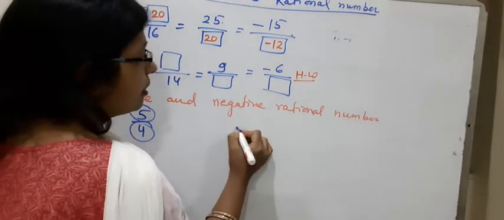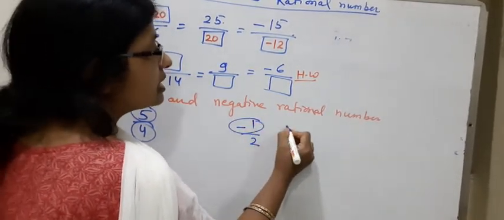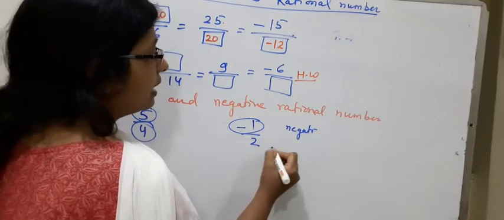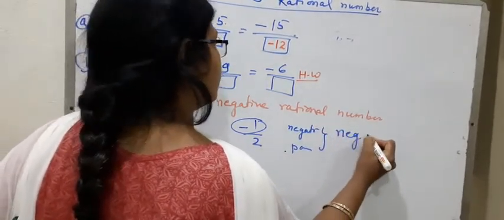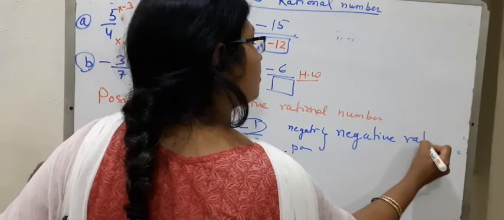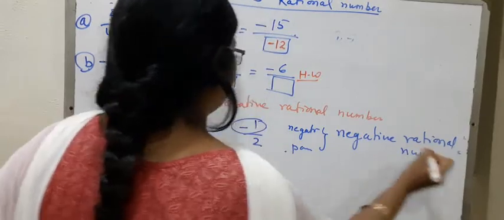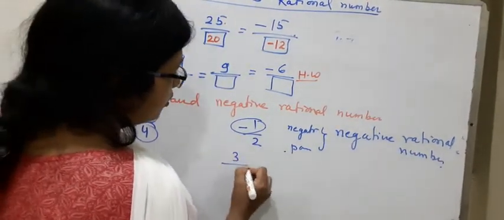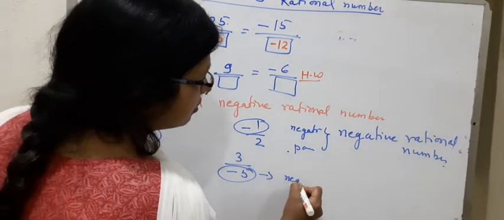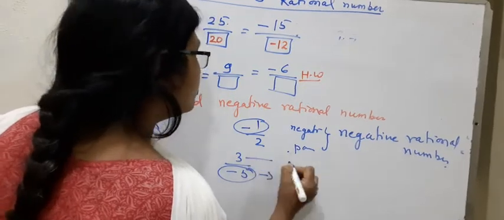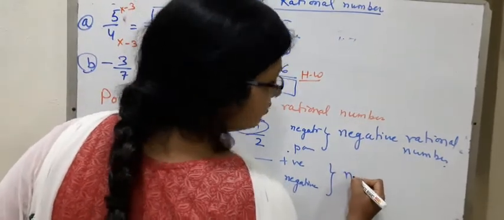If minus 1 by 2, for example, the numerator is negative and the denominator is positive, then this rational number is a negative rational number. If 3 upon minus 5, here the denominator is negative and the numerator is positive, then we call 3 upon minus 5 a negative rational number.